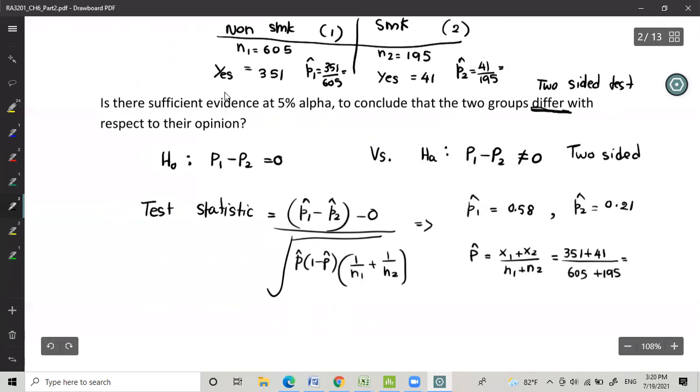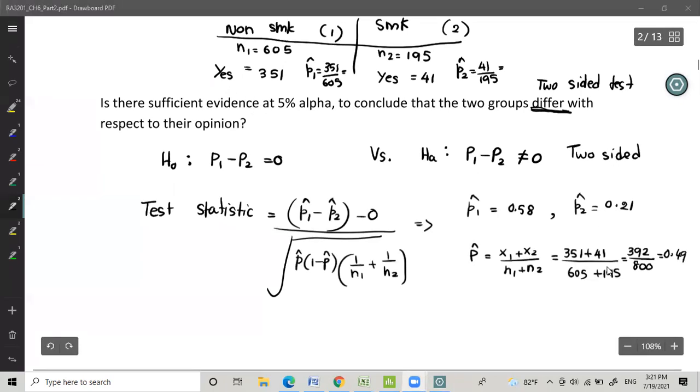And what about the pooled estimate, p hat? This is 392 divided by 800. Let's find the p hat also. So then you have everything you need to find the test statistic. Okay, so that is 0.49, yes, correct.